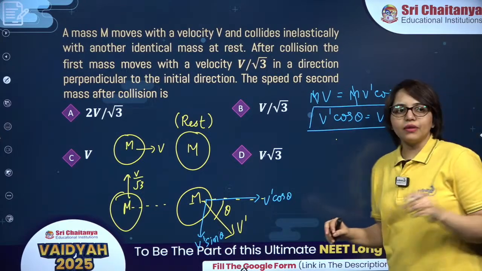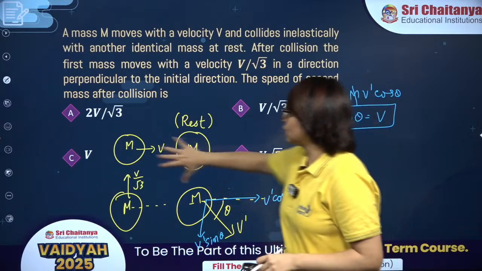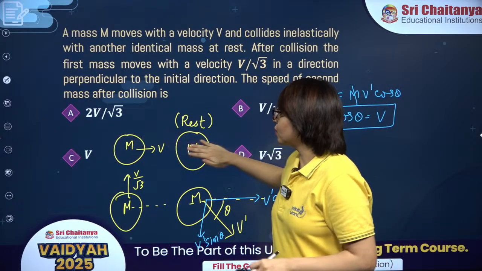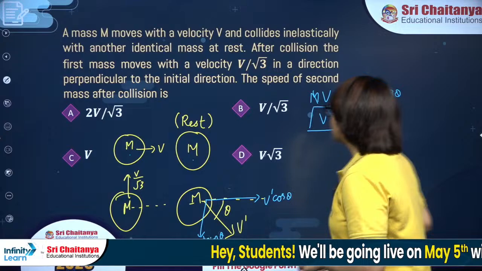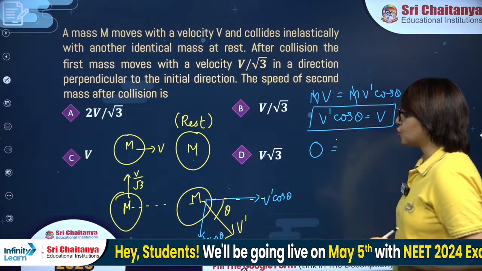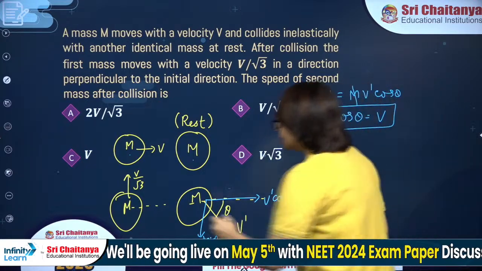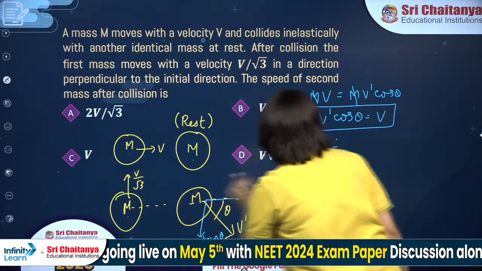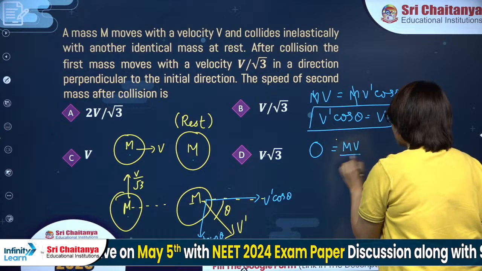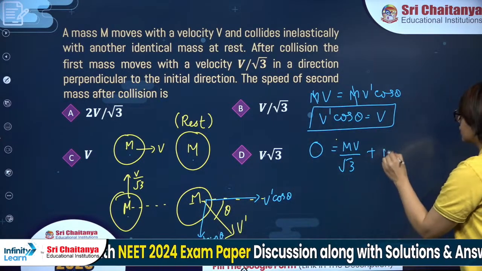Now we will apply the conservation of linear momentum along y-axis. There is no initial velocity along y-axis of any of this mass. So initial momentum along y-axis is 0 and it should be equal to the final momentum along y-axis. So it has m times v by root 3 and this will be m times minus v dash sin theta.